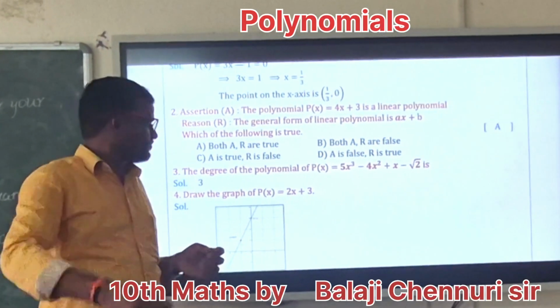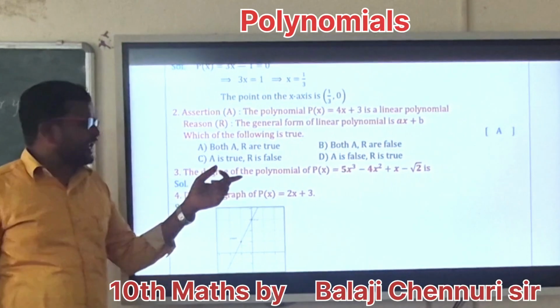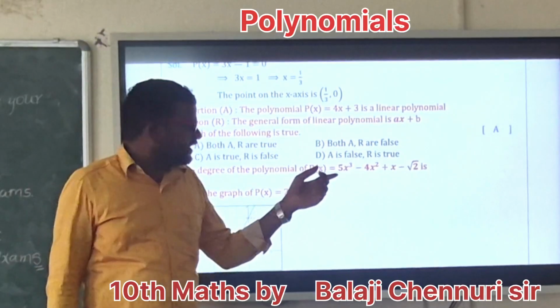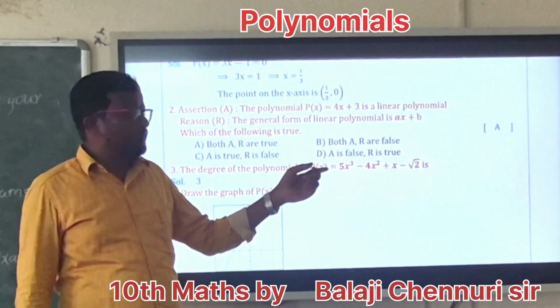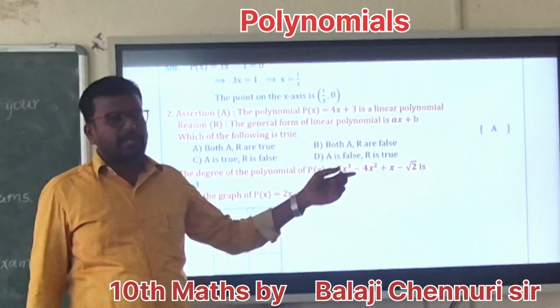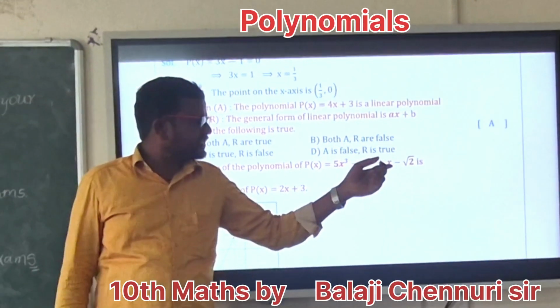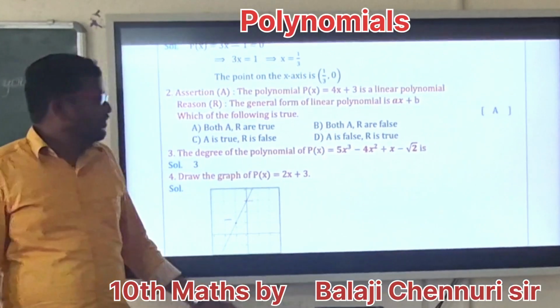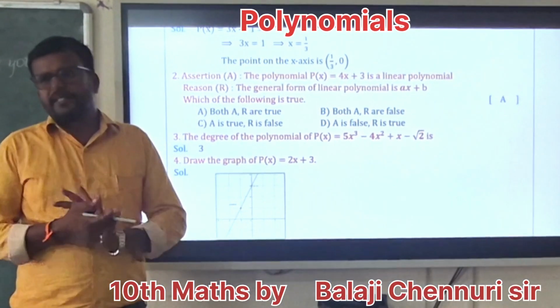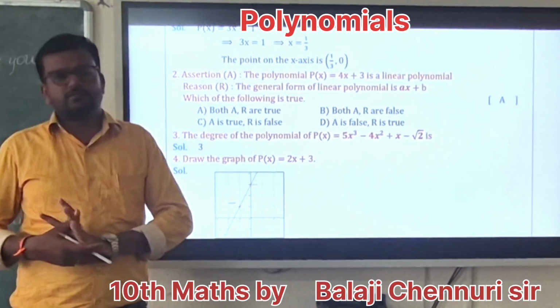Back side. Okay? What is the degree of the polynomial? Given p(x) = 5x^3 - 4x^2 + x - root 2. What is the degree? What is the definition of degree?